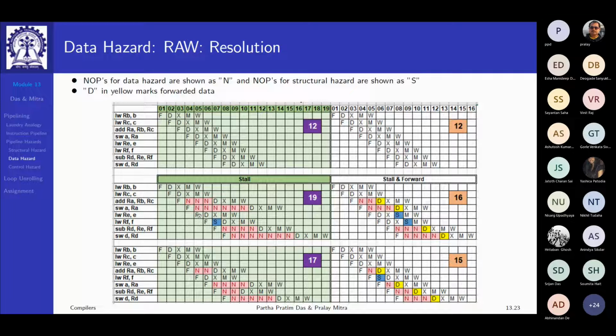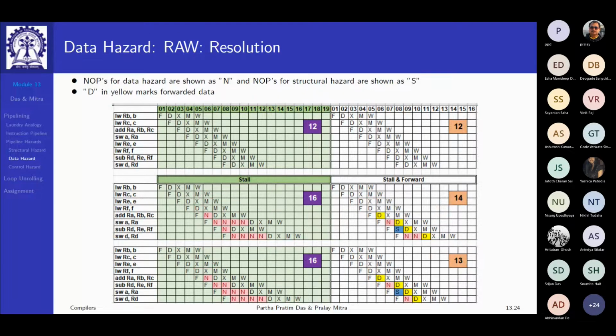So I'm going to the next slide. We are in the next slide. The first bunch is the same. This is for reference, the original schedule. And in terms of reordering, what I've done, I have moved the loading of RF up above the add, right? Just refer here.